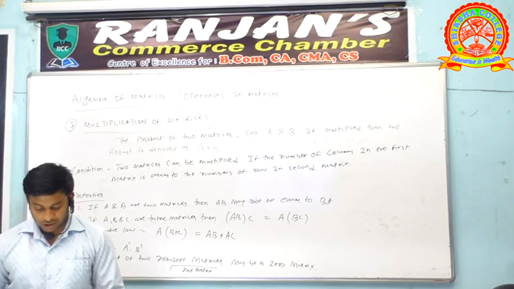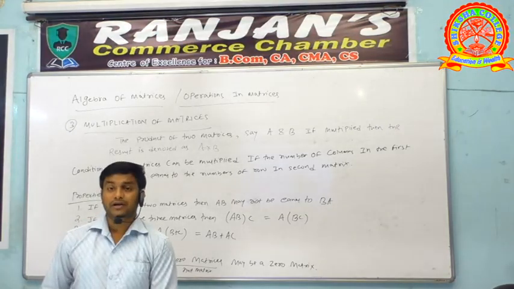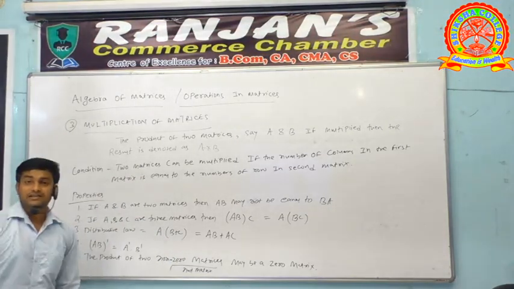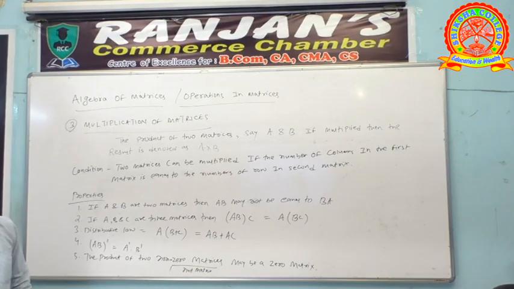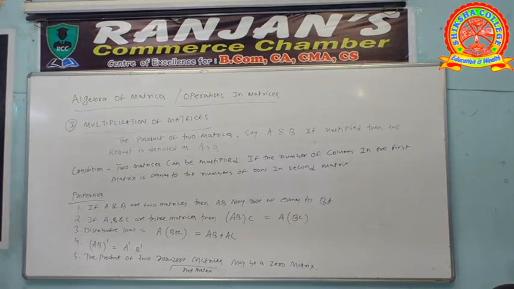I hope all of you are getting my point, and you understand addition, subtraction and multiplication. Now please note it down first, then we go to the next important section, that is to find the product of two matrices.